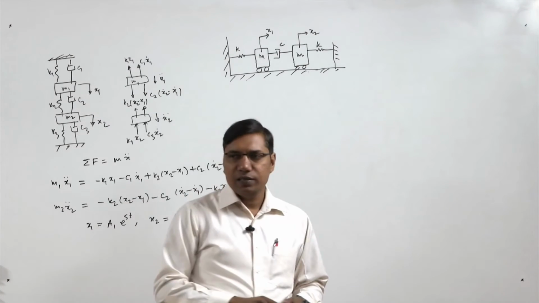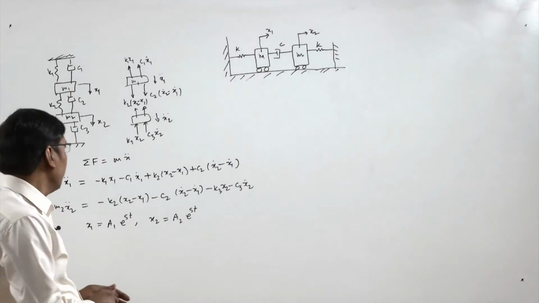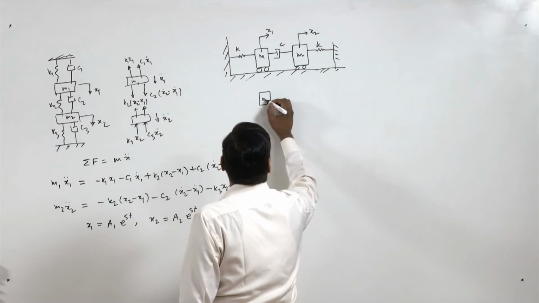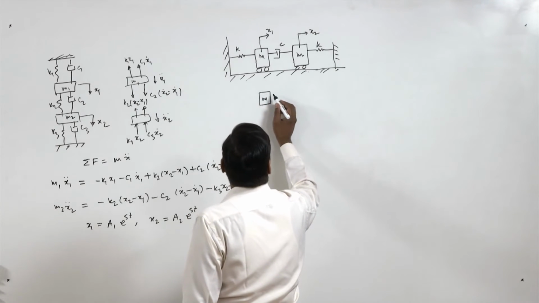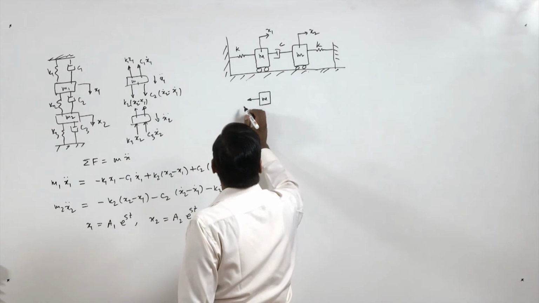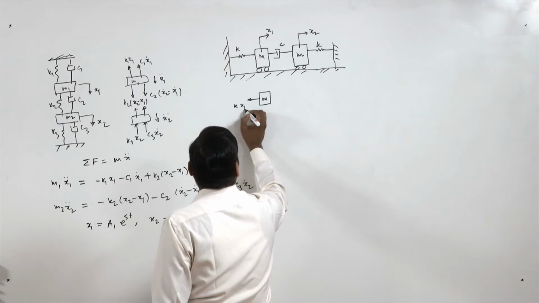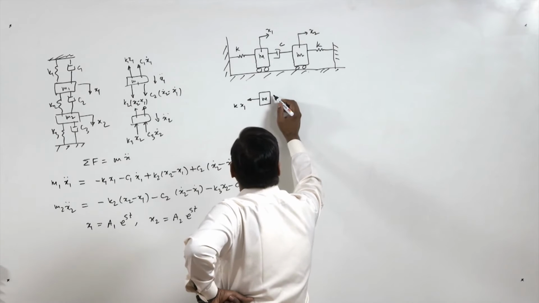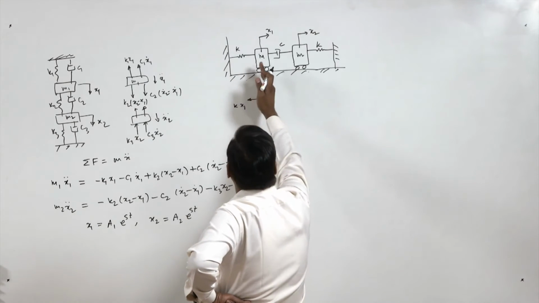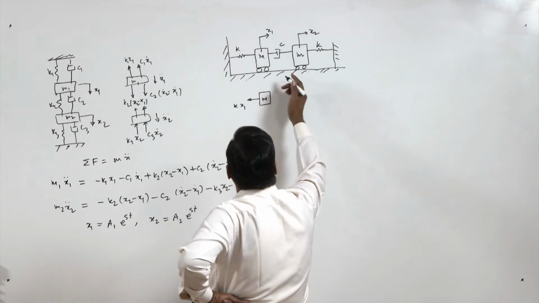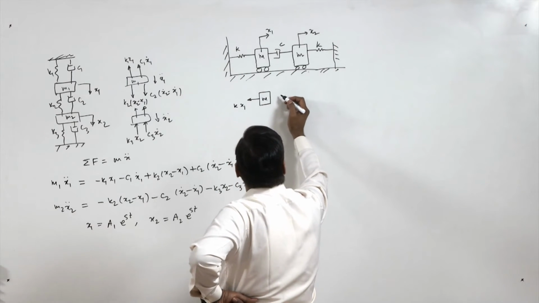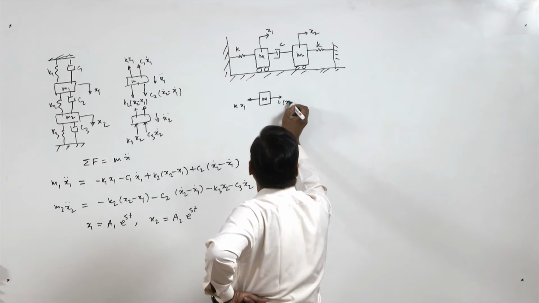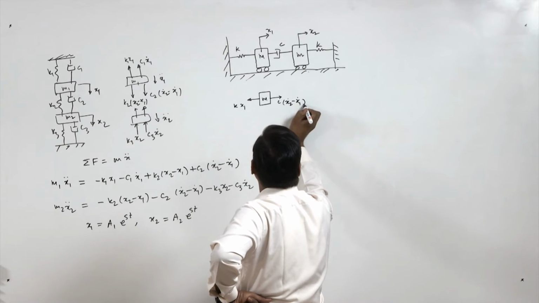Now we have to write the equations of motion for this simple system. So this is the free body diagram of the first mass M. We will have here this force K x1, and then this is the damper, and if we assume x2 is greater than x1, this damper force will pull it, C (x2 dot minus x1 dot).